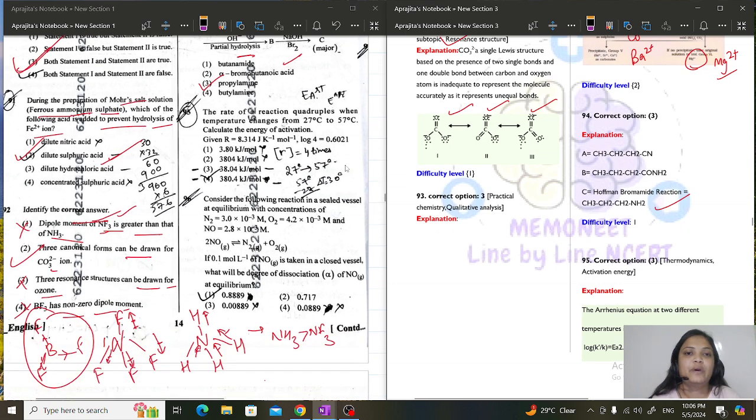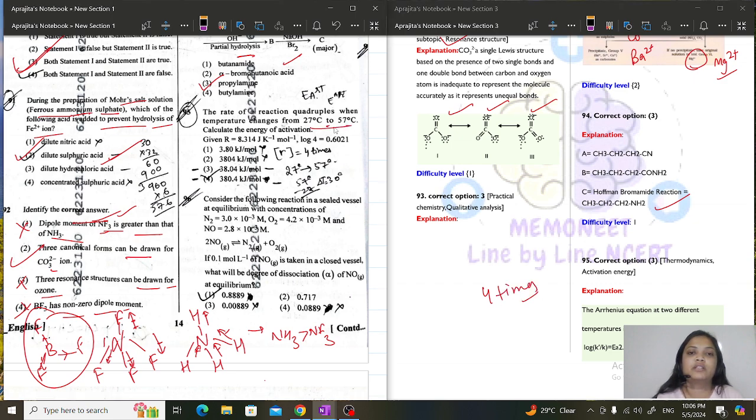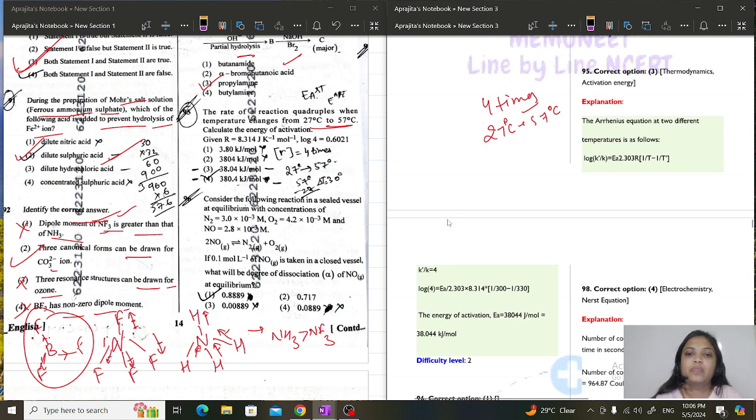So 95th question, here it's a numerical. The rate of reaction quadruples, meaning it becomes 4 times, when temperature increases from 27 degrees to 57. Calculate the energy of activation. We can use the Arrhenius equation: log K2 upon K1 equals Ea upon 2.303 R times (1 upon T1 minus 1 upon T2).